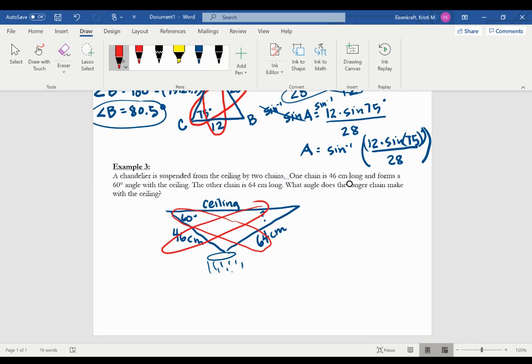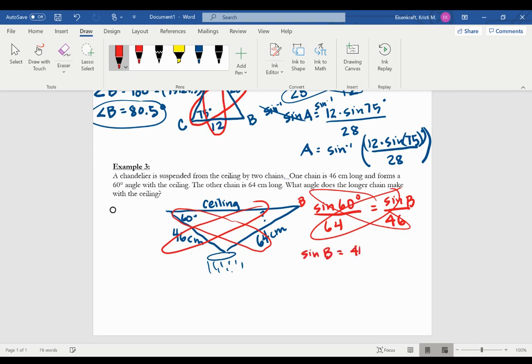So I know that the sine of 60 degrees over 64 is equal to the sine of our unknown, let's just call this B, over 46. So cross products tell us that the sine of B is equal to 46 times the sine of 60, all divided by 64.